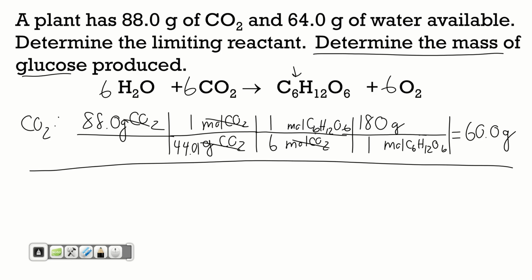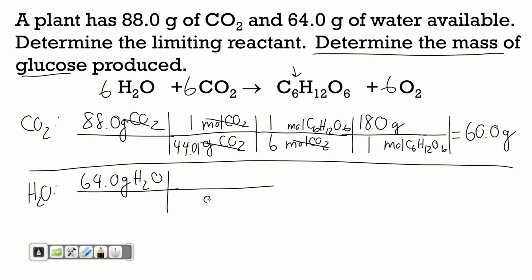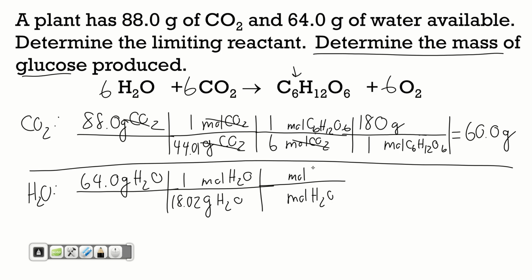What about the water? I have 64.0 grams of water. Okay, I go from grams of water to moles. This is 18.02 grams, 1 mole. Then I have moles of water going to moles of glucose. This one also is 1 to 6.